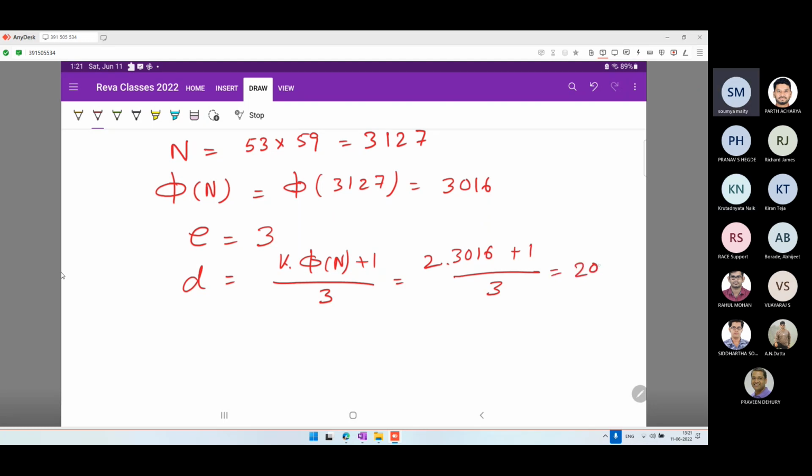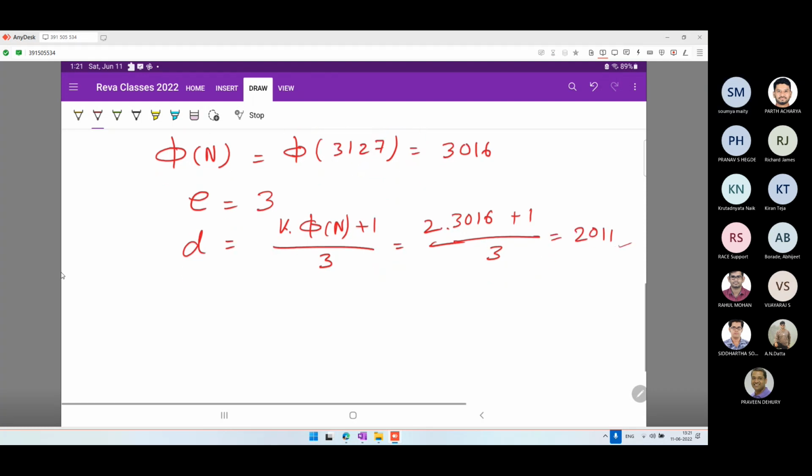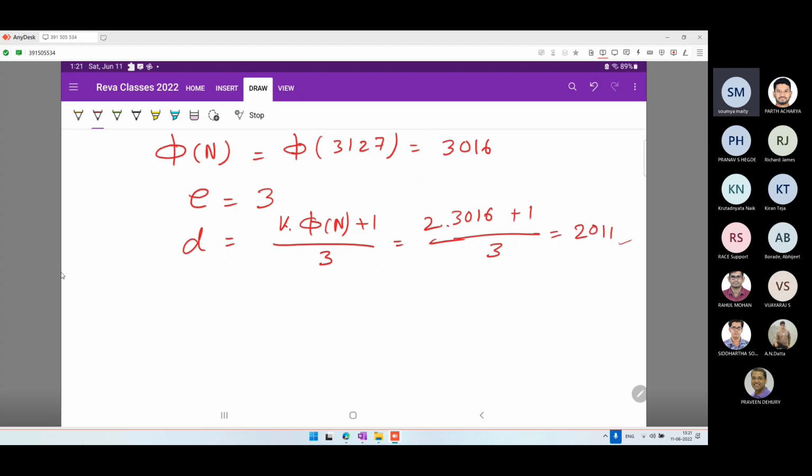So this is 2011. I took the integer as 2 so that it becomes an integer. So this is our encryption key and this is the decryption key.